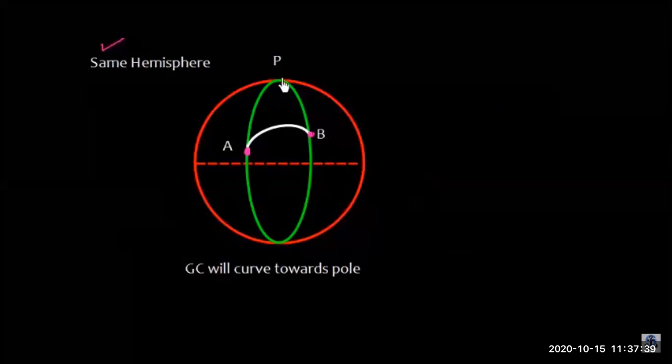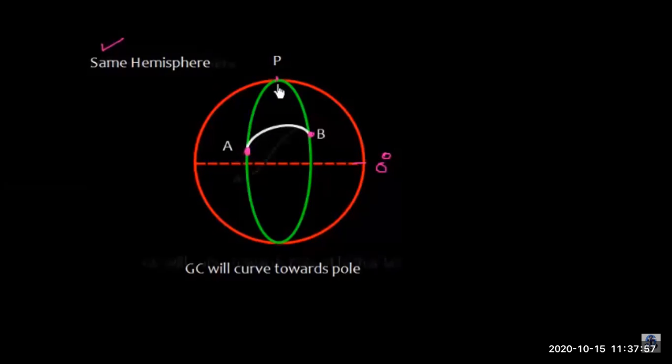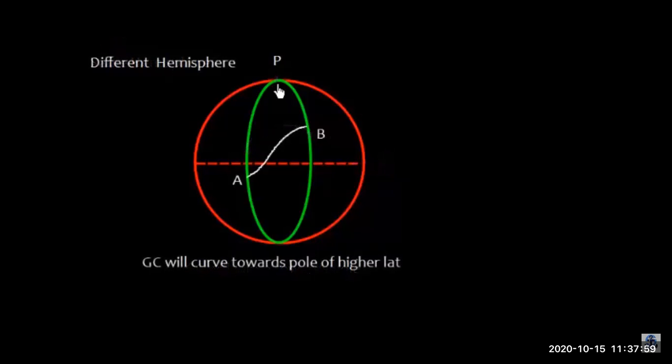So let's say in this example, we are on the equator and we are going from point A to B. The great circle is always curved towards the pole.